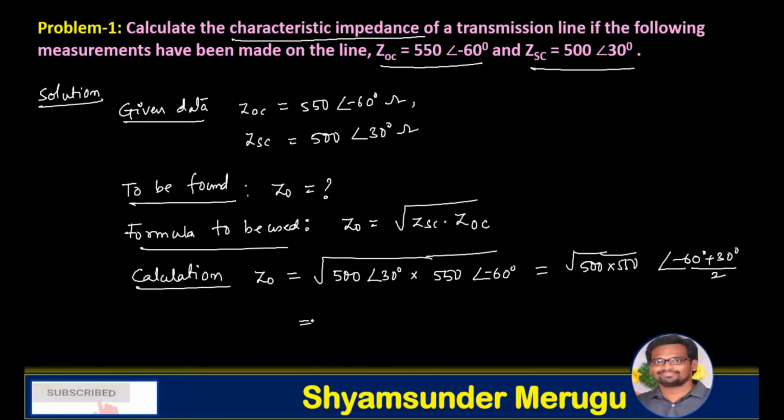So the value becomes 524.404 angle minus 15 degrees ohms. This is the value of Z0. Now finally we have to write the result. So the result is Z0, calculated as 524.404 angle minus 15 degrees ohm.